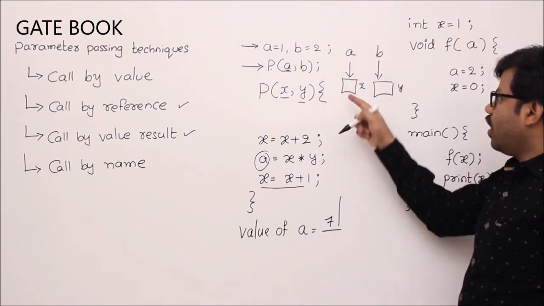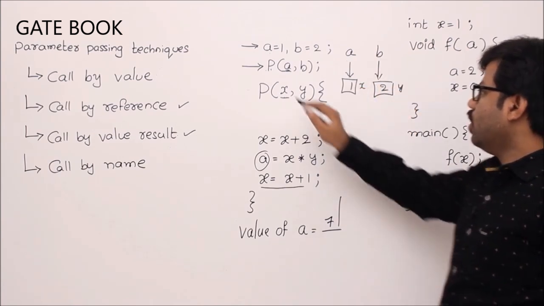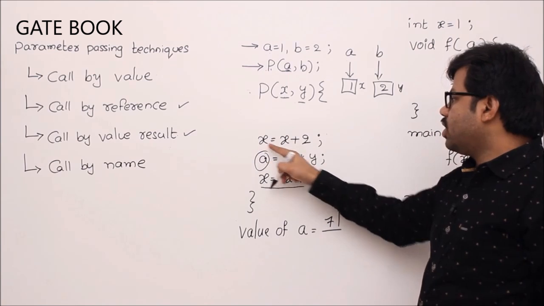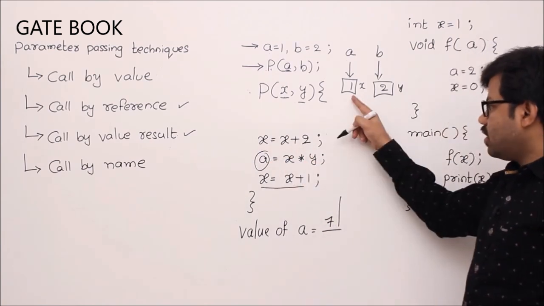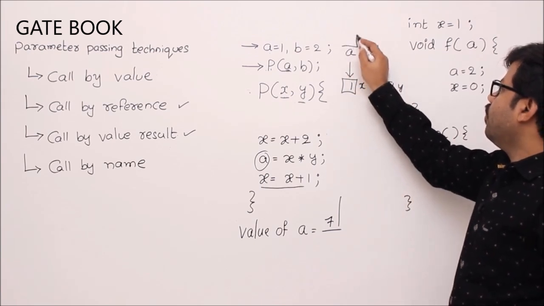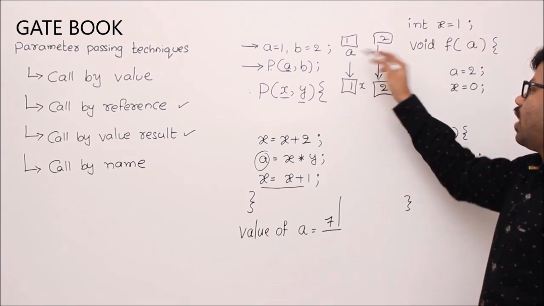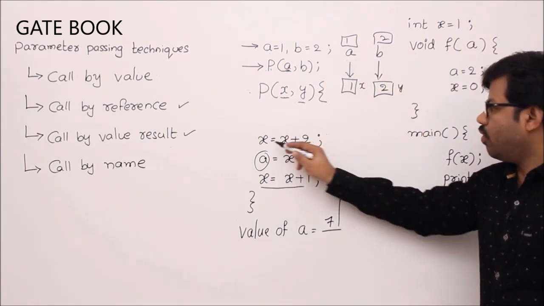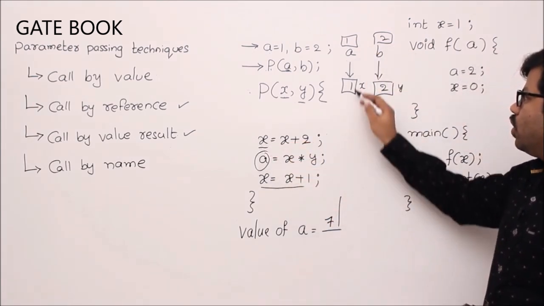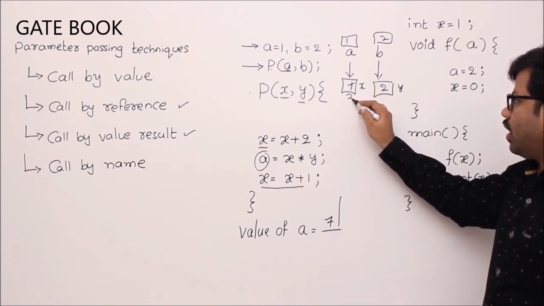A's value will be passed to x, B's value will be passed to y, 1 comma 2. Then we come here, x equal to x plus 2. Whenever x is modified, only x will be modified, not A, right? That's why we can imagine separate boxes for A comma B, and A comma B are also having 1 comma 2 now. When you increment x by 2, then this local copy of x will be modified, 3.